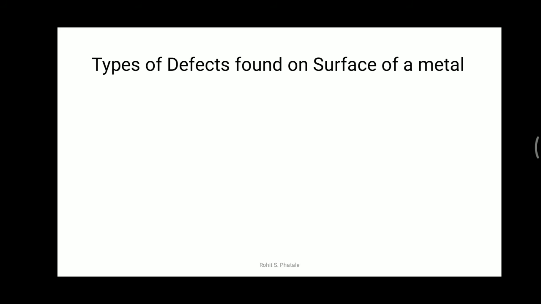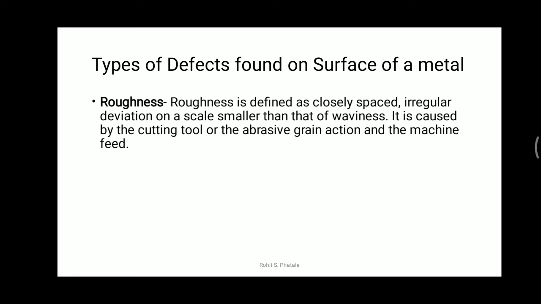Next slide is about the types of defects found on the surface of a metal. The next type of defect is roughness. Roughness is defined as the closely spaced irregular deviations on a scale smaller than that of waviness.